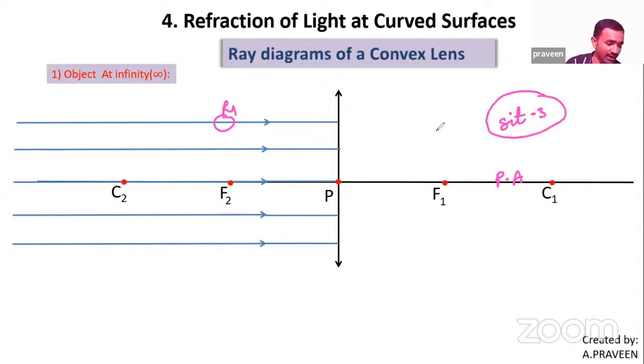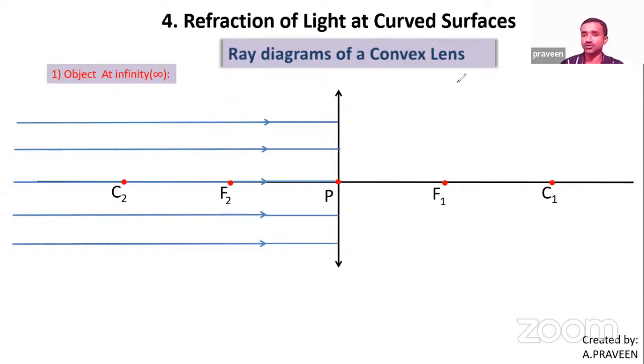In the situations we have learned, when a ray is parallel to the principal axis, after refraction, as you learned already in figure 8 ABCD in your textbook, look at that diagram once. When a parallel beam of light rays is incident, after refraction it passes through the focus. So simply we can draw the refracted light rays passing through the focus.